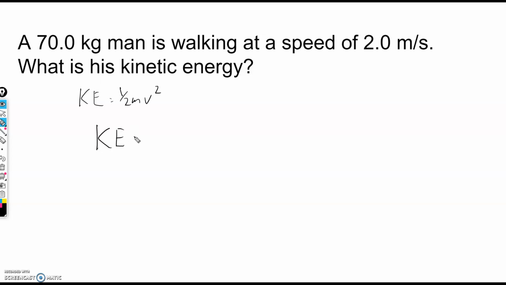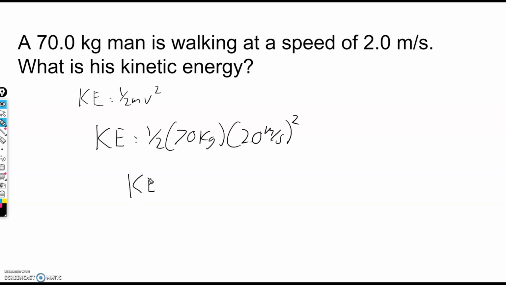We're just going to take kinetic energy equals 1/2 times his mass, 70 kilos, times his velocity, 2.0 meters per second, and we're going to square it. So when we do that, we'll take 0.5 times 70 times 2 squared, and then we should get 140. And remember, this is measured in joules. That's pretty much it. Really straightforward on how to use it right now.